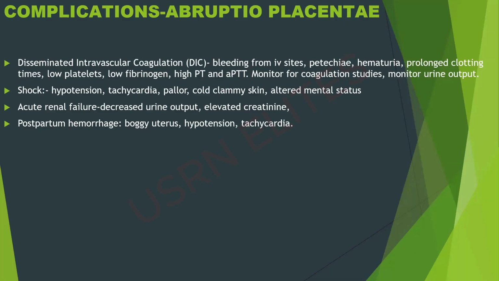Because once there's detachment, the first thing is the bleeding, which will happen first. The ongoing bleeding will lead to the hemorrhage. That hemorrhage will lead to the atony. So atony will be a sign of the postpartum hemorrhage.